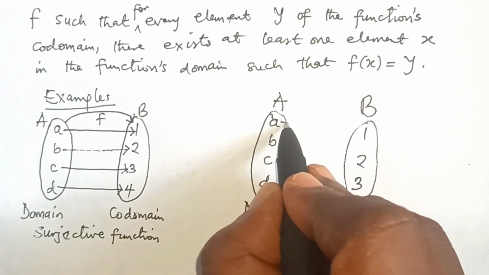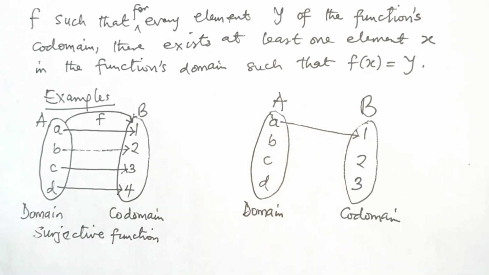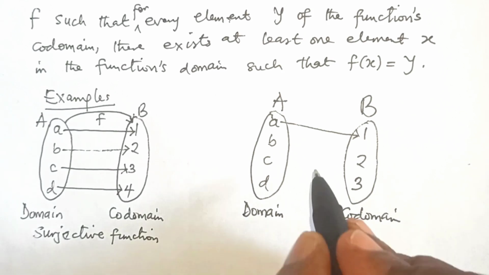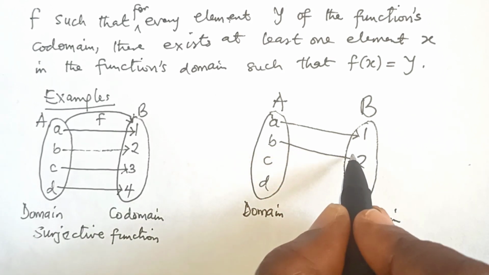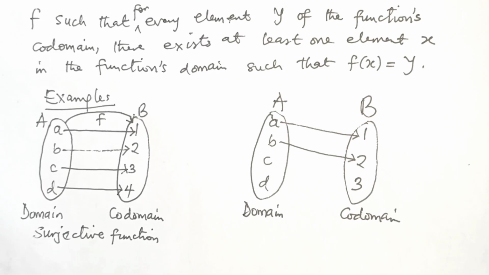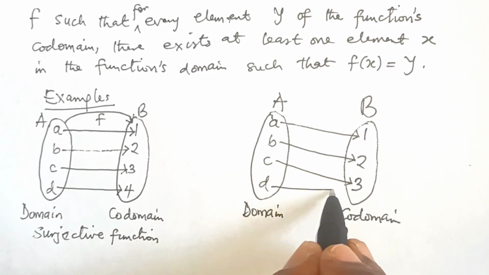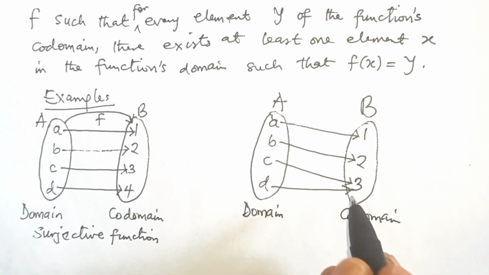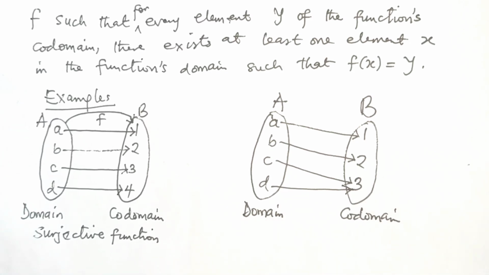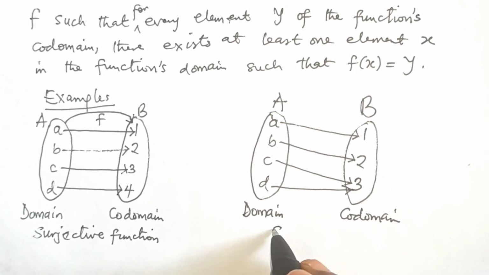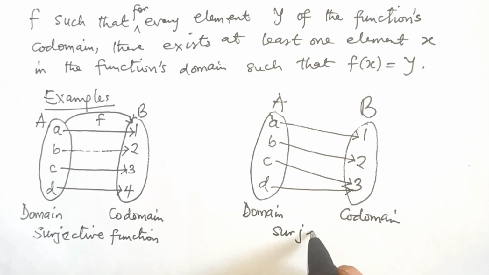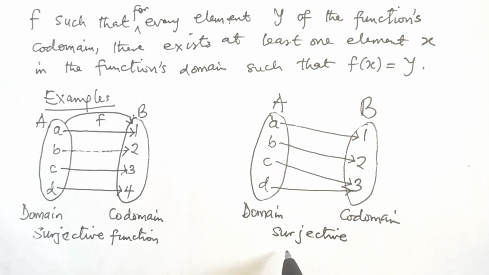Here, element A is mapped to 1, B is mapped to 2, C is mapped to 3, and D is mapped also to 3. So this is also another example of a surjective function.